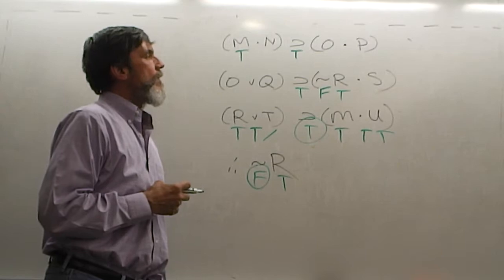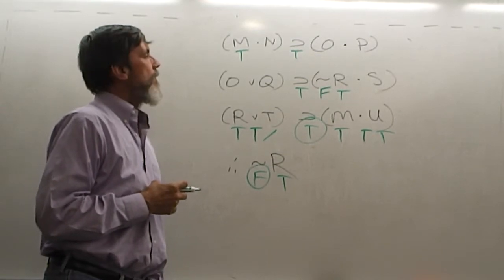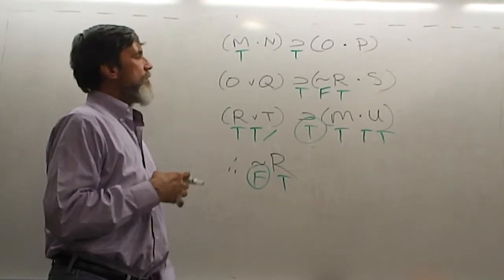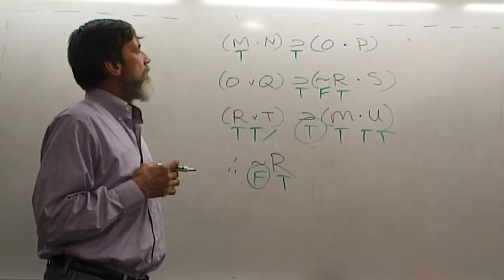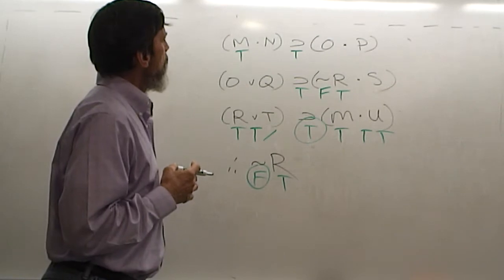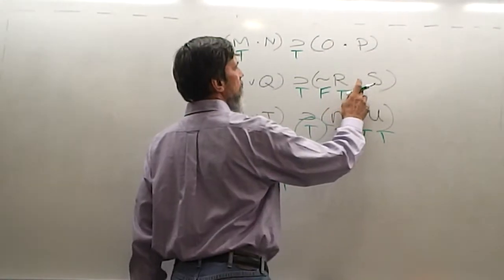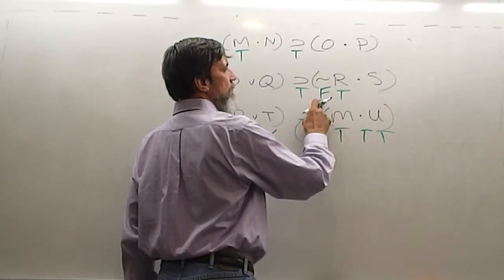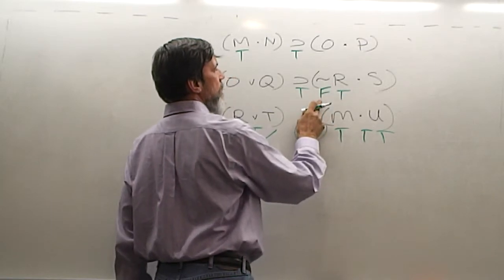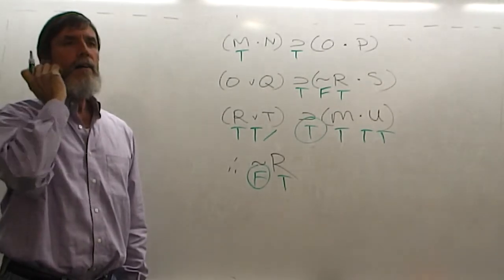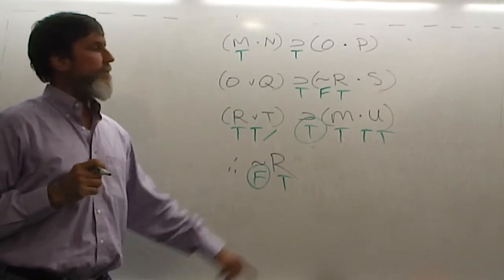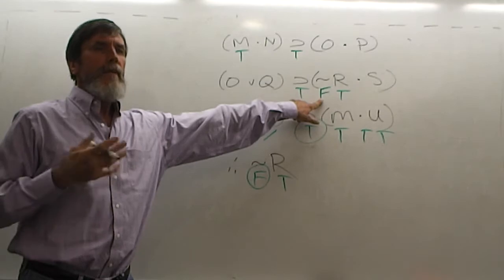The second one has to be false. The second dot, or the only dot, this dot right here? Yeah. Why? Because the curl is false.